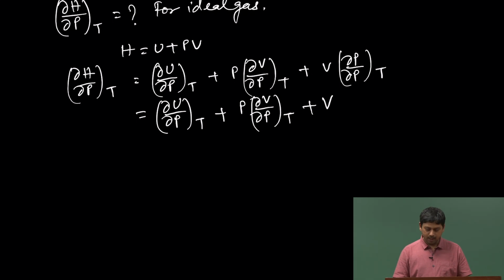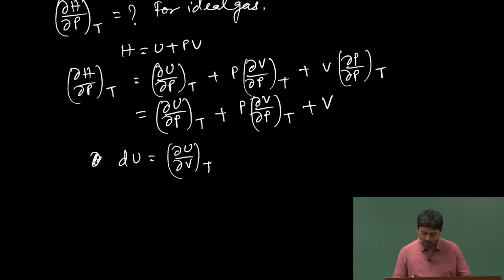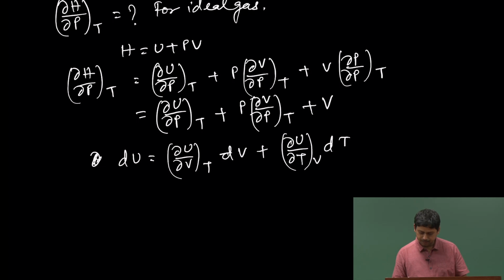Remember what we did last time: du can be written, as a function of both V and T, as del U by del V at T dV plus del U by del T at V dT. Now, I can take the derivative with respect to pressure at a constant temperature on both sides.